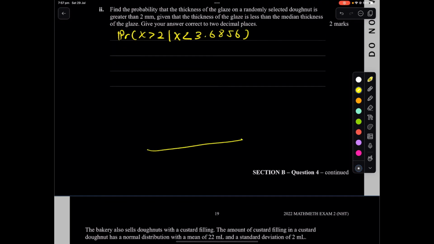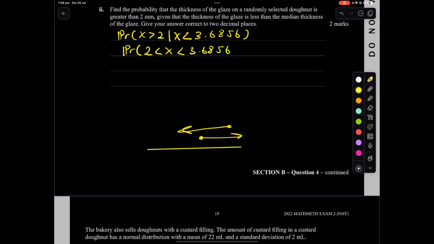I know that 2 is here, it goes to infinity, and 3 is over here. So the intersection, we can rewrite this as the probability that x is between 2 and 3.6856, all over the probability that x is less than 3.6856.